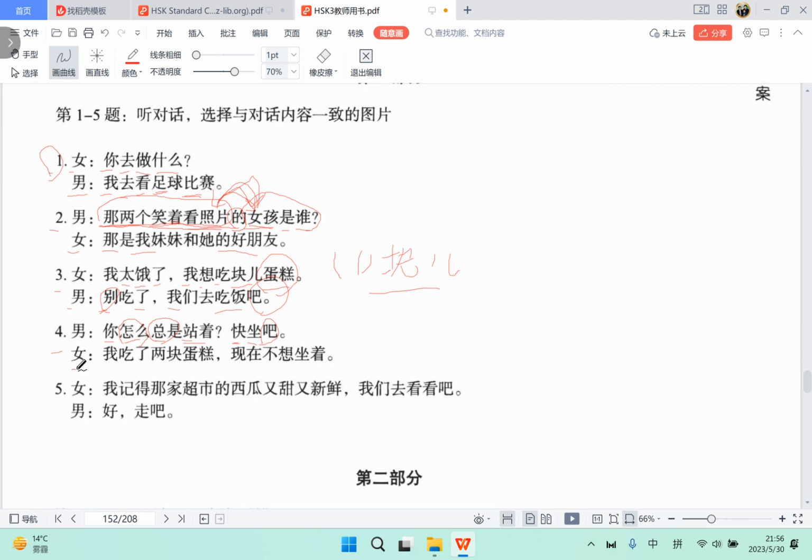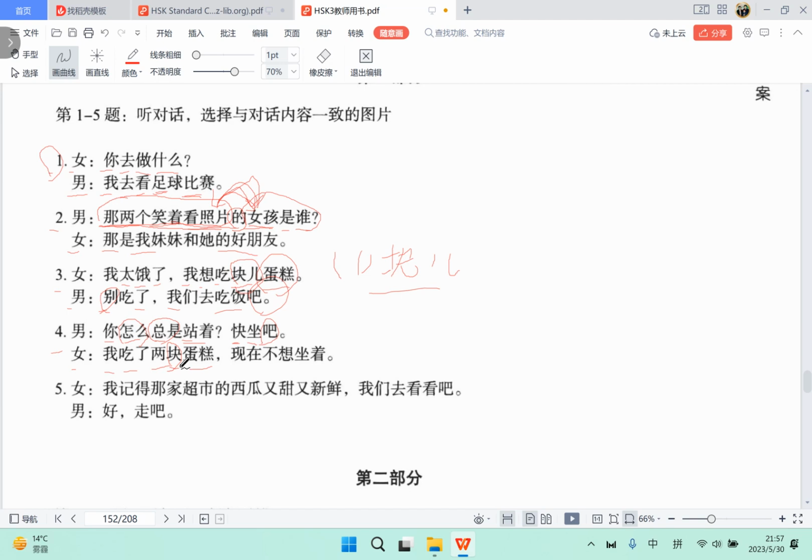Okay, and the reply is 我吃了2块蛋糕, so I ate 2 pieces of cake. Here you can say 2块 or 2块儿. These words are the same, but with 儿 it's more like the dialect from northern China, and without it it's more like people from the southern part.